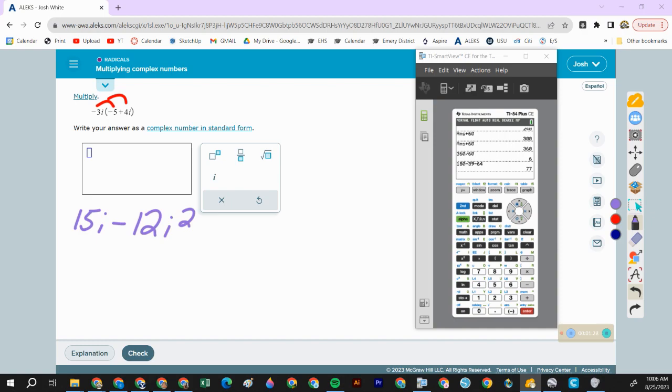What is i squared? Well, i is equal to the square root of -1. So i squared would be the square root of -1 squared, which is -1.